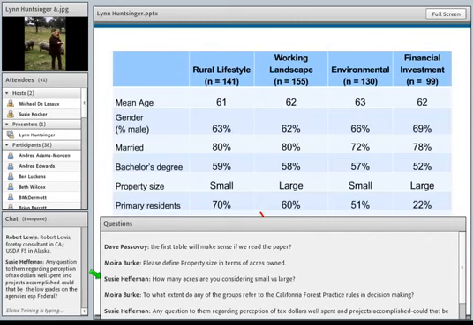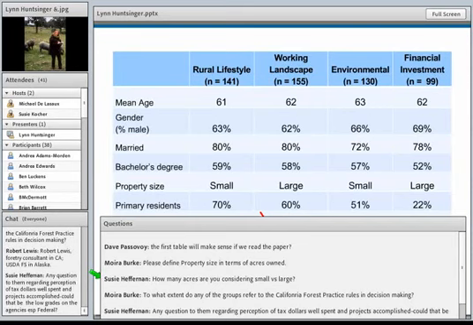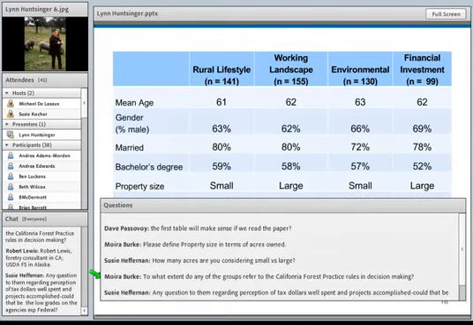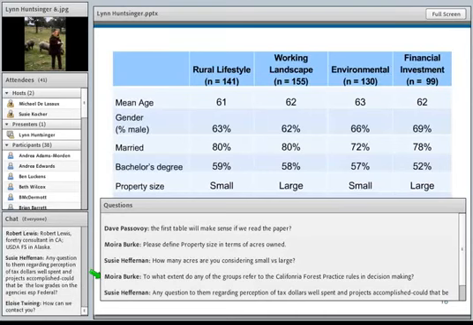Okay, so moving on, we had a question from Moira. To what extent do any of the groups refer to the California Practices Rules, the Forest Practice Act, in decision making? We did ask how many people were subject to the California Forest Practice Act, but we didn't ask how they use them in decision making, I'm afraid.